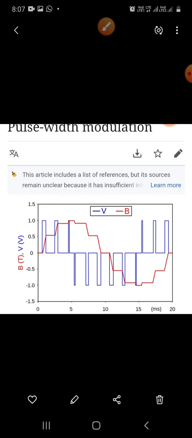That means we can note here that the current waveform is the integral of the voltage waveform. One is the current waveform and the other is the voltage waveform. This is an example of PWM technology.